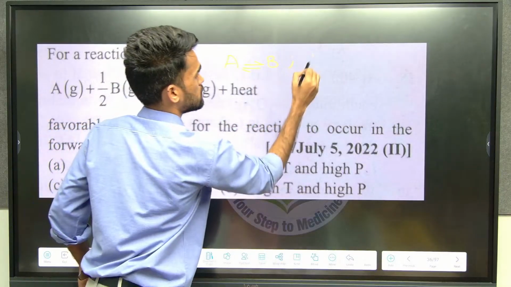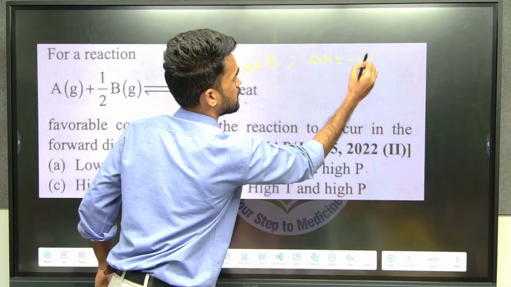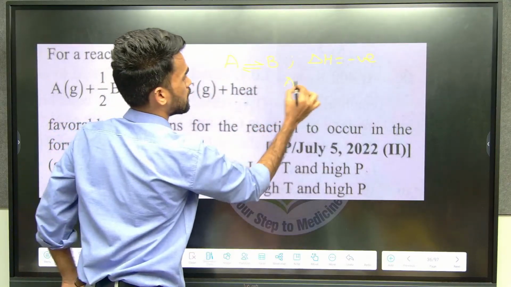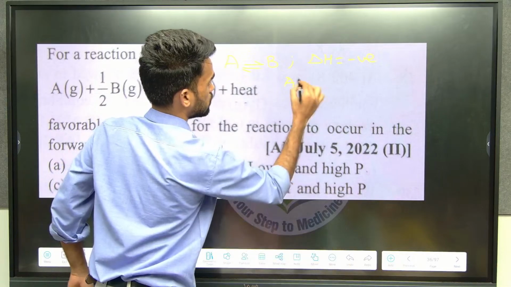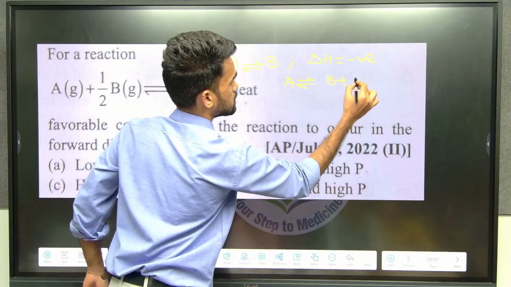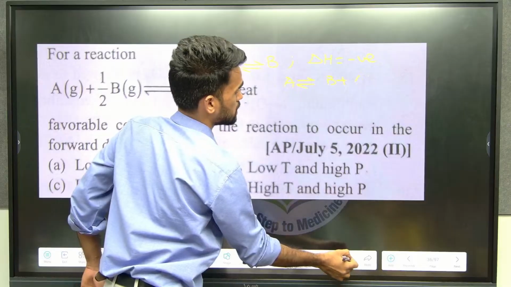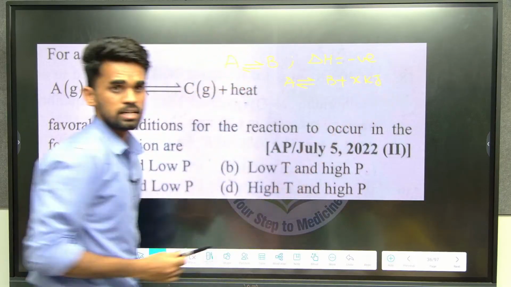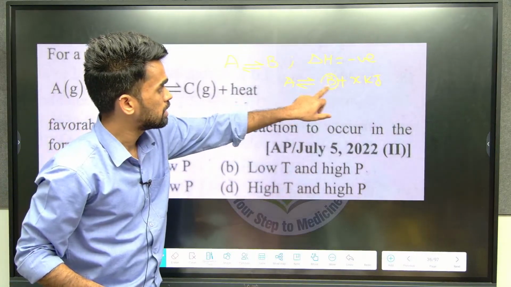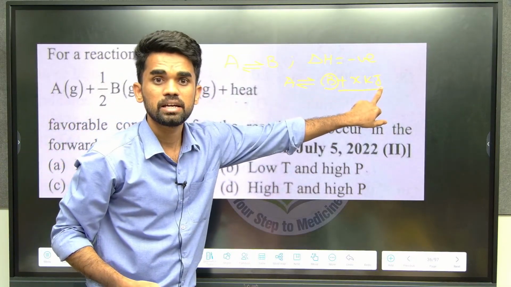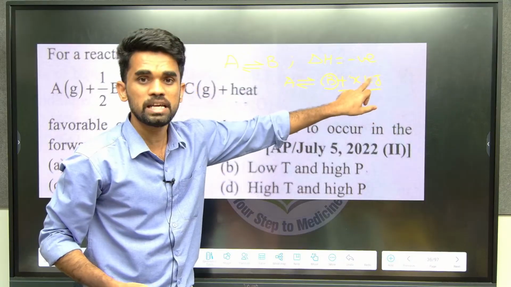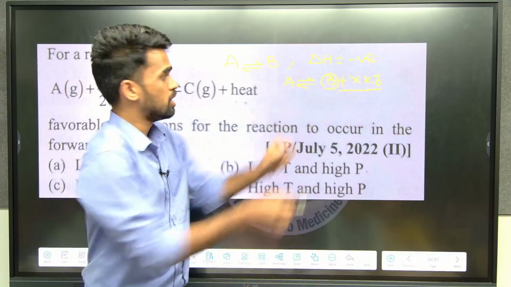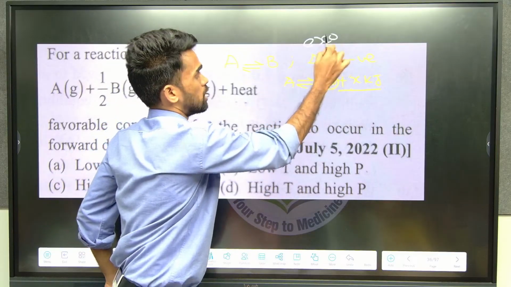So they may say like this, delta H is negative. It means this is exothermic. The same reaction may be indicated like this, B plus some delta H. It means some X kilojoules of energy is released along with our product. So it can be indicated like this, or separately it can be written like this. Both indicate exothermic only.